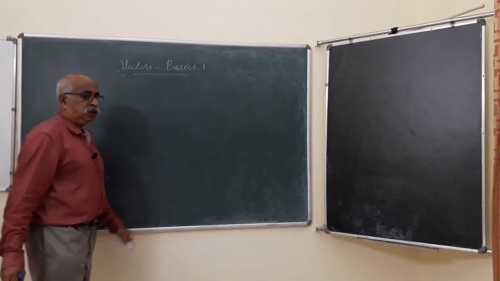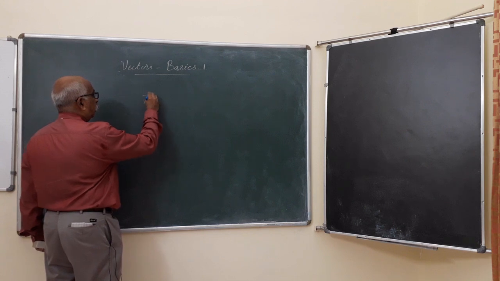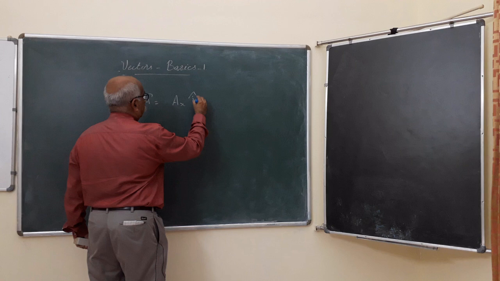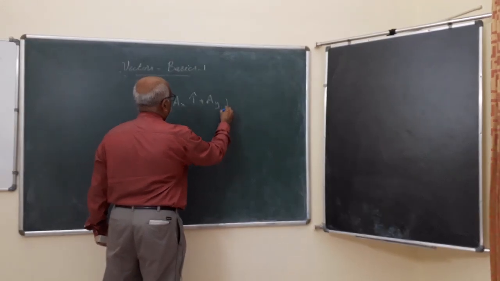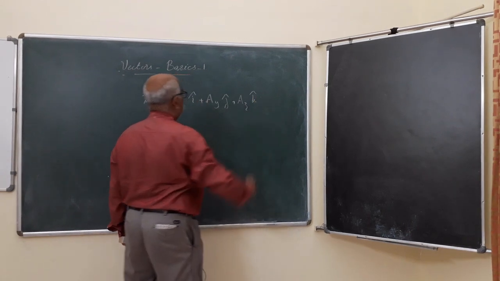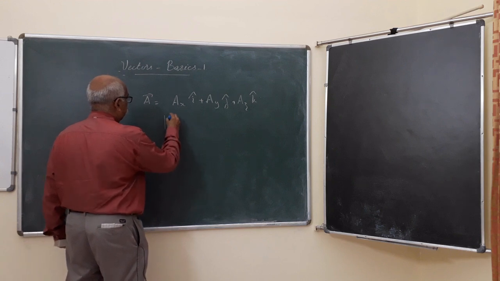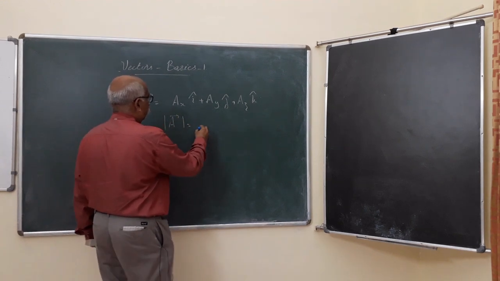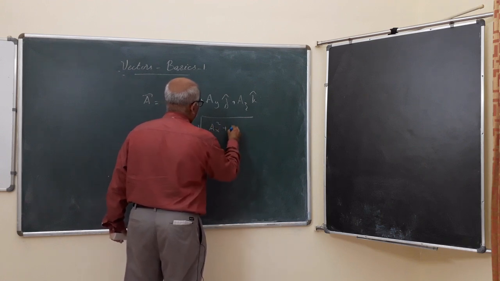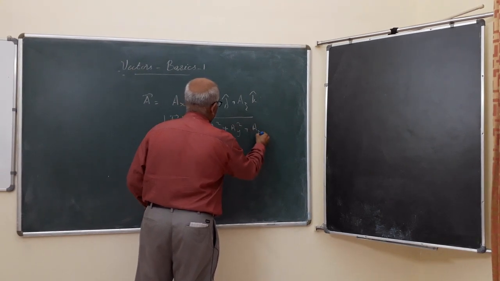Now let us consider general vectors. A vector A is equal to Ax i plus Ay j plus Az k. Its magnitude is given by modulus A is equal to square root of Ax square plus Ay square plus Az square.